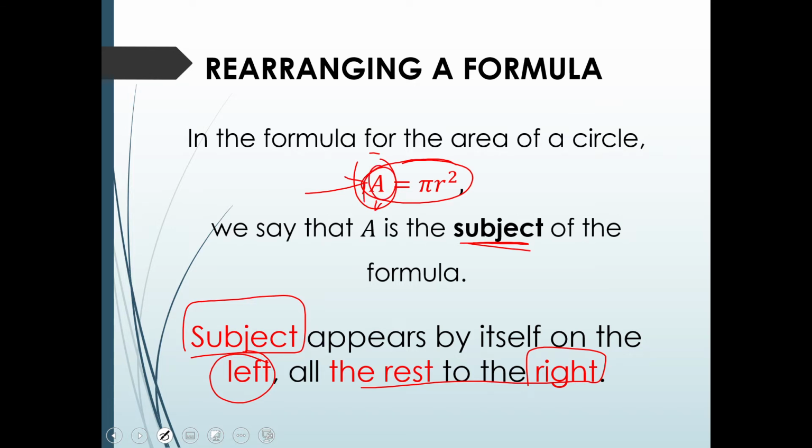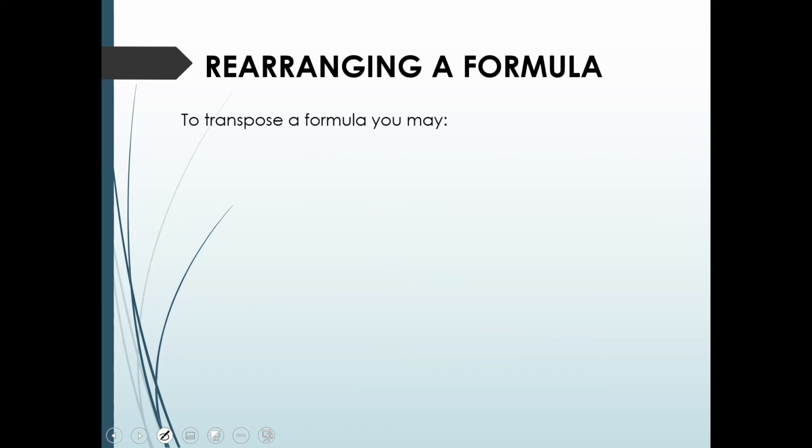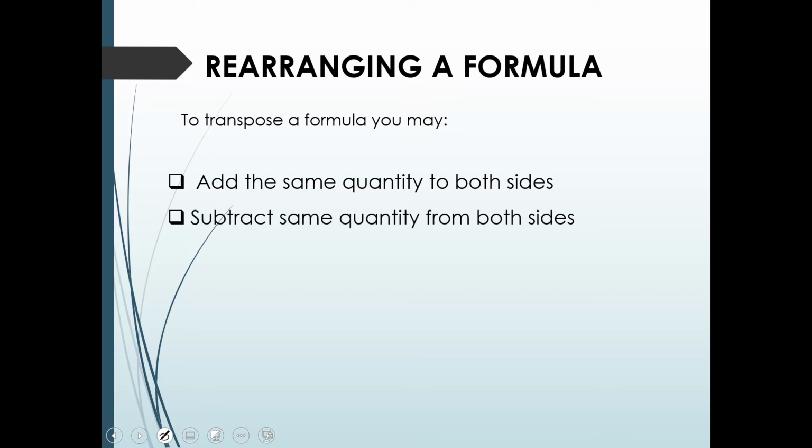Okay, let's have a series of examples to fully understand the concept. So these are the steps for how we're going to transpose the formula. You can either add the same quantity to both sides, so if you add 10 to the left, you should also add 10 to the right side. Or subtract the same quantity from both sides.